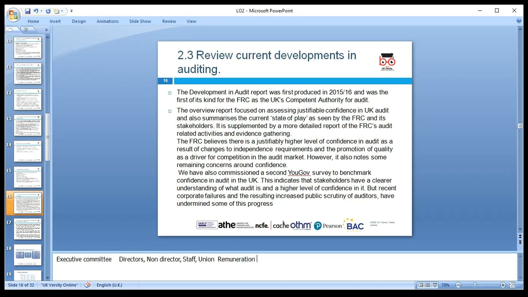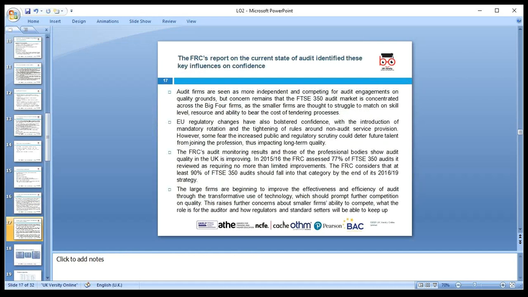This is all about needing more transparency, because FRS reports give the current state of the audit and identify the key influences. Audit firms need to be independent, which affects audit engagement quality. The FTSE 350 audit market is concentrated across the big four firms, yes, and the smaller firms struggle to match the skill levels.